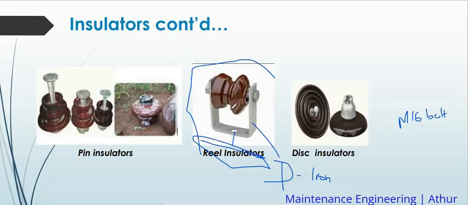Then a conductor passes here. Actually, it is not a conductor that passes in here. What passes in here is called a dead end. It's a small wire made of aluminum also. It is called a dead end.